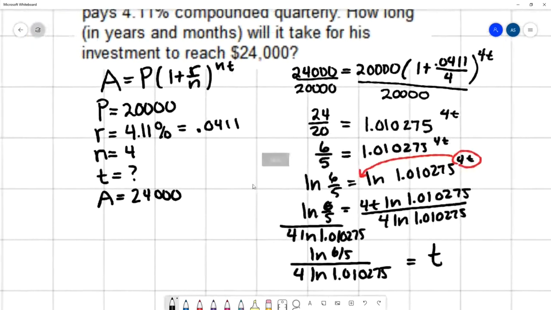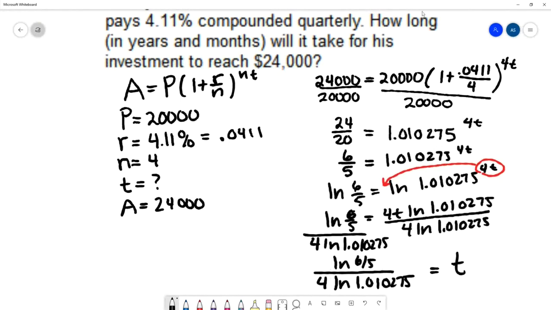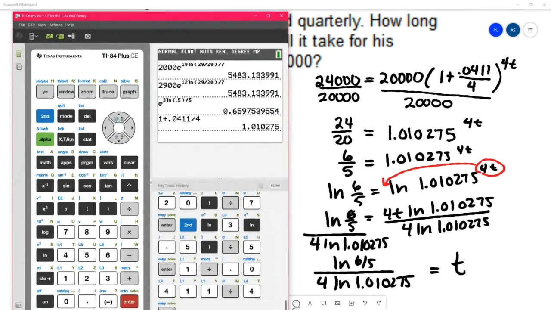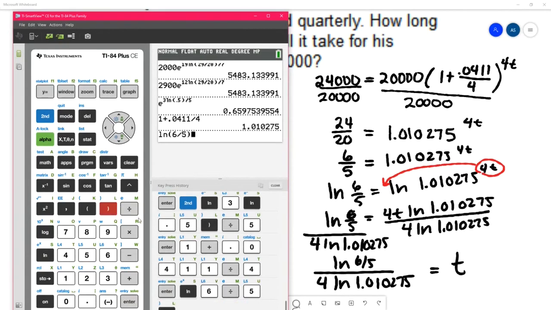Let's type that in our calculator. Got natural log of 6/5 in the numerator.